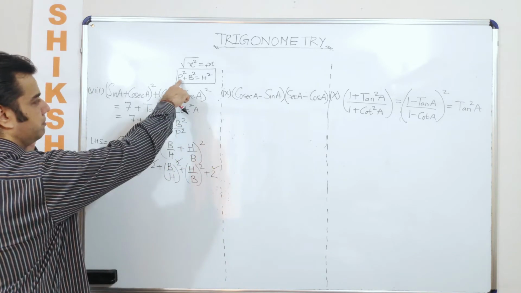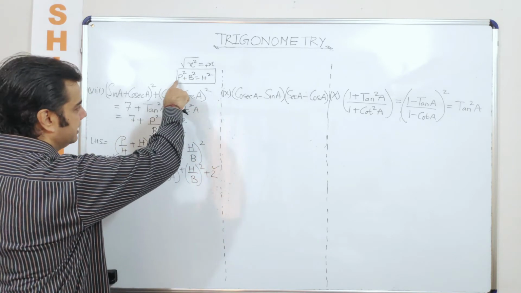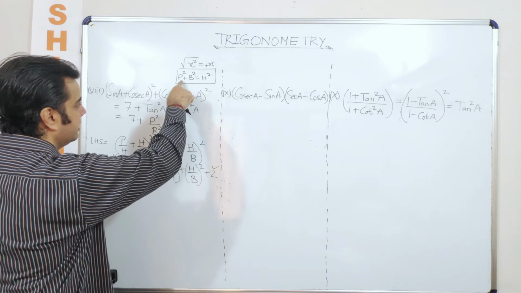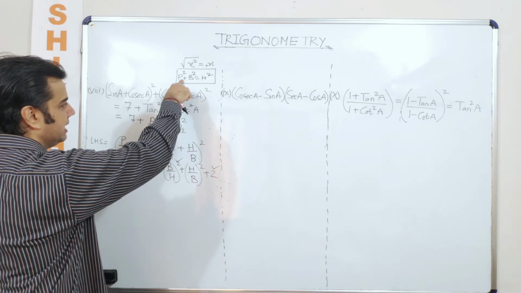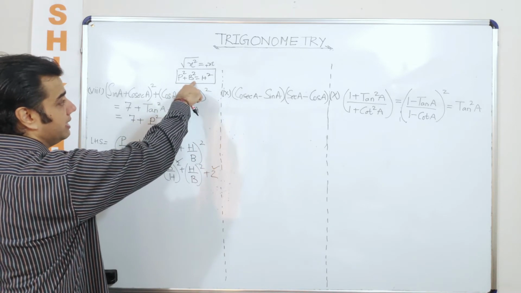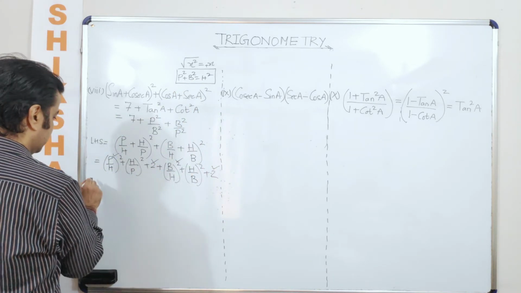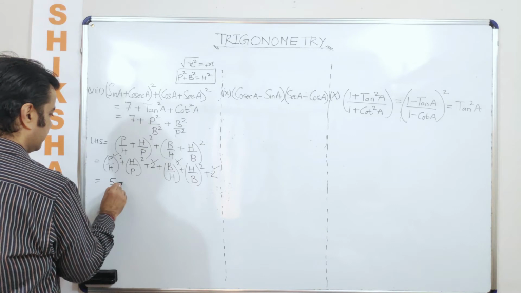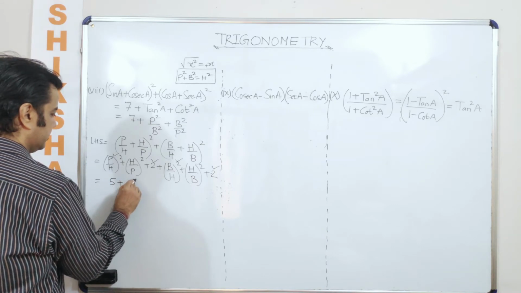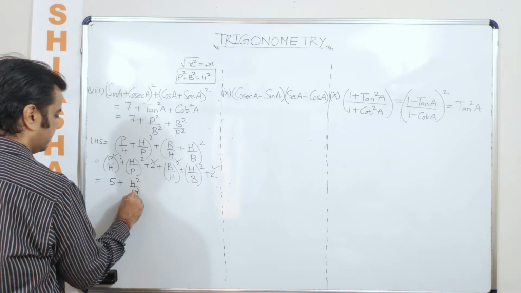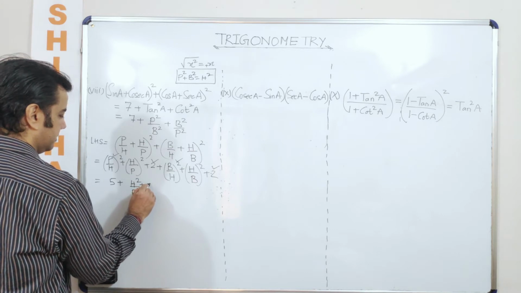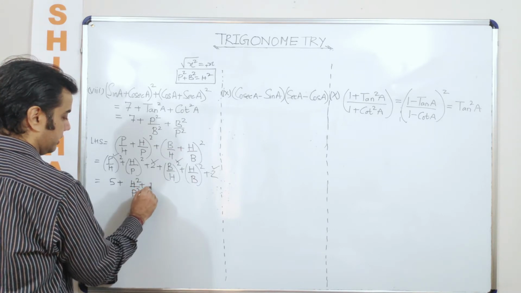So using this, this, this and this. Now we know that p square plus b square is equal to h square, so if this entire expression is divided by h square, which is just like saying p square by h square plus b square by h square will be equal to 1. So 2 plus 2 plus 1 gives me 5 plus h square by p square plus h square by b square.